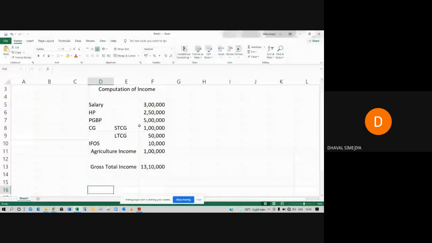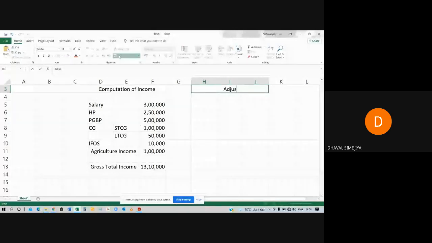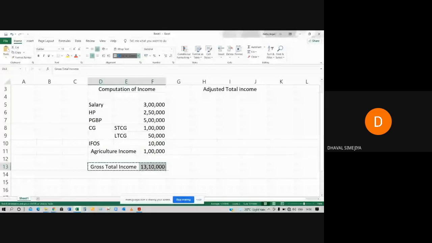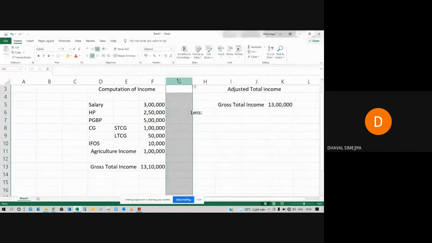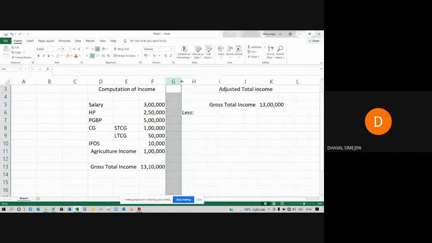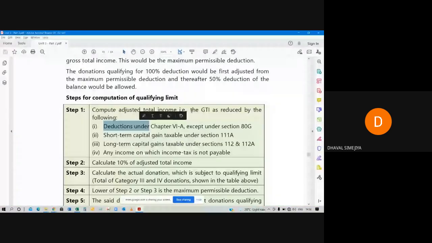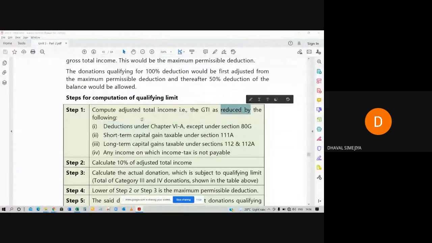So now, adjusted total income. Adjusted total income means the gross total income less. Why less? Clearly given, reduced by. Reduced by what?